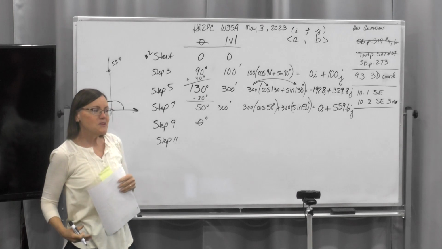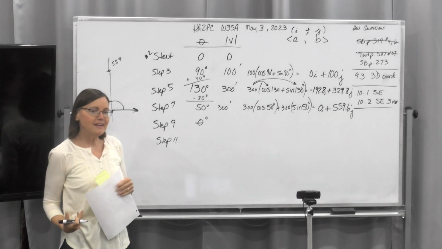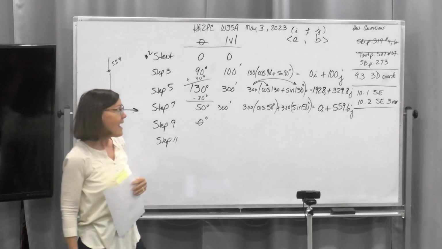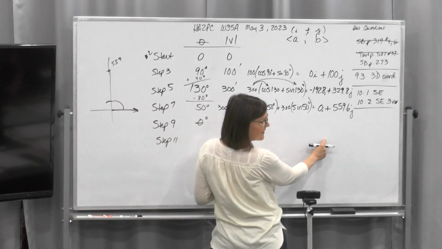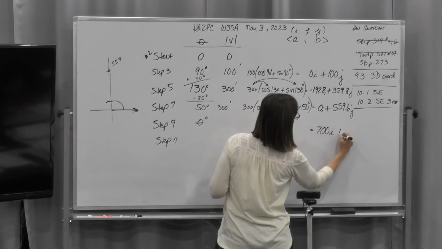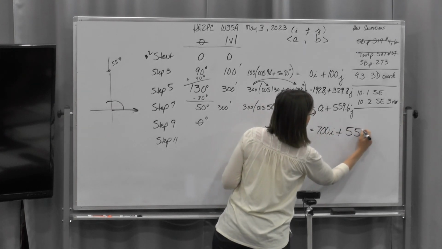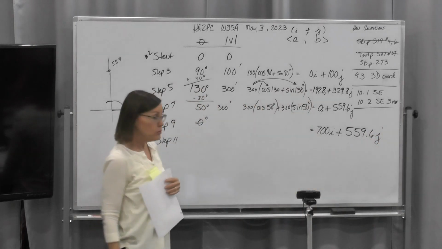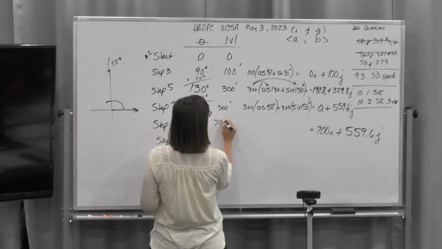If you understand what that means, do I need to crank through a trigonometric equation here? No. What should I have here? I should have 700. If I do the math, you will see that I got 700 feet.